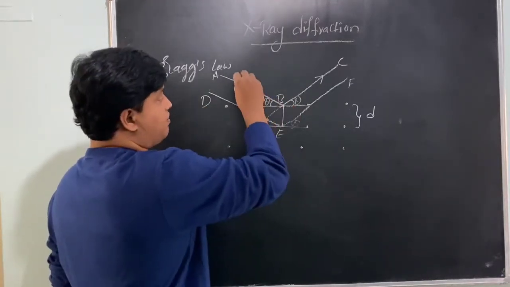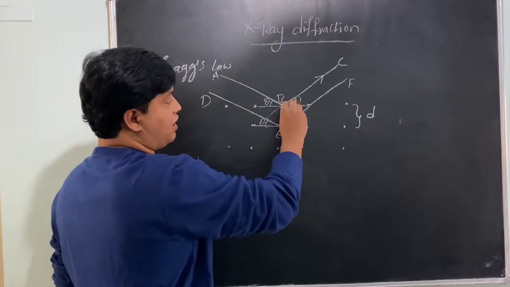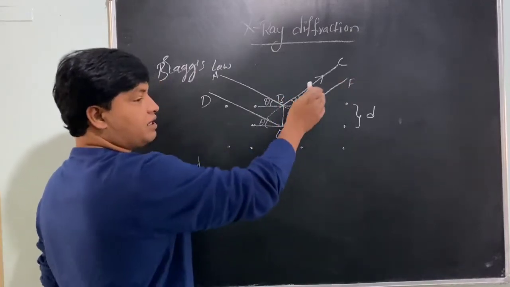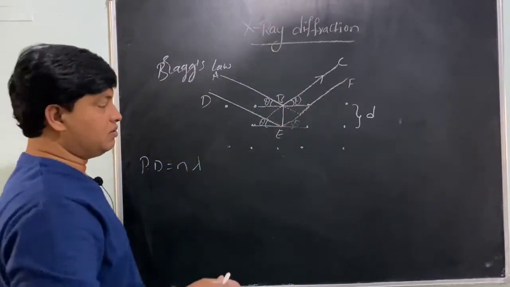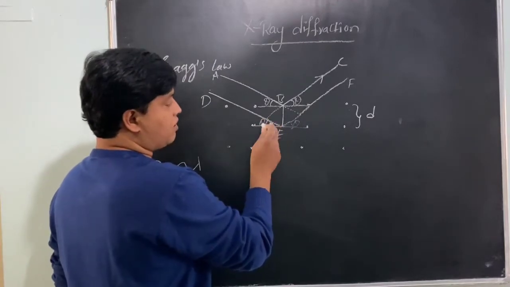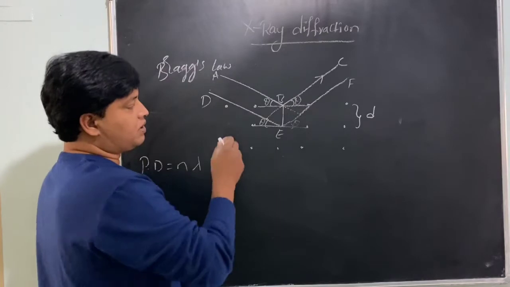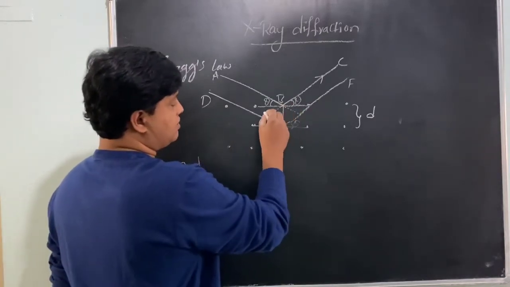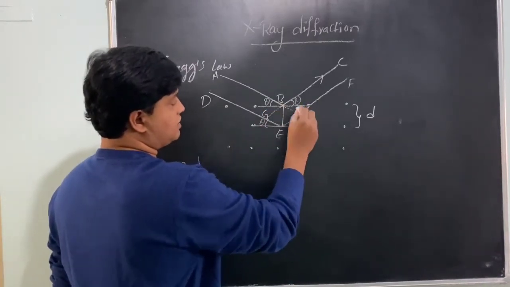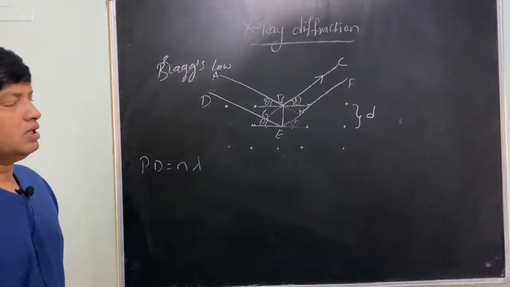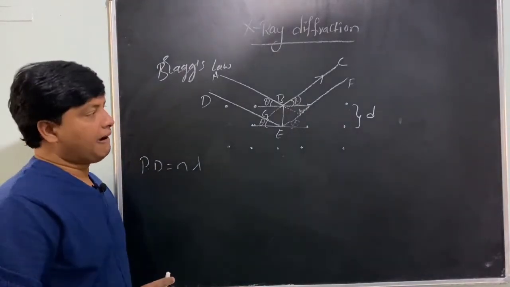Next, extrapolate the incident wave until it touches the diffracted ray of the first wave. Give coordinates to the points where they are touching: D, E, F, G and H. So these are the coordinates given here.